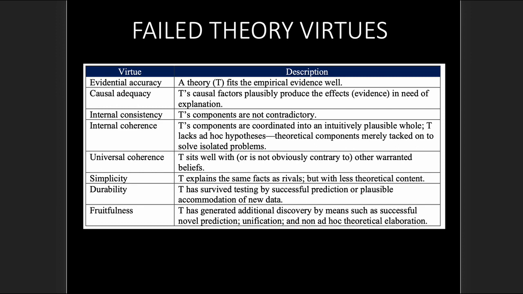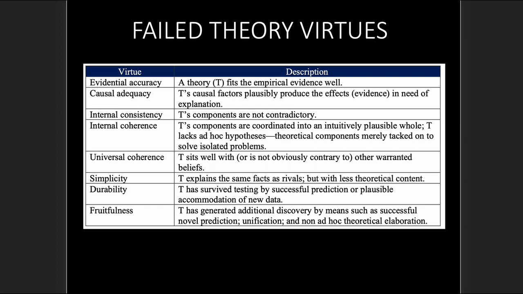What about internal coherence? Well, no, we certainly do see theoretical components being tacked on to solve an isolated problem. What about universal coherence? No, the evolutionary tree calling for massive number of speciation events followed by enormous distances to be traveled by individual random mutations one at a time certainly does not sit well with other warranted beliefs such as statistical mechanics.